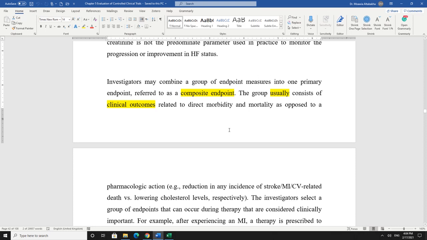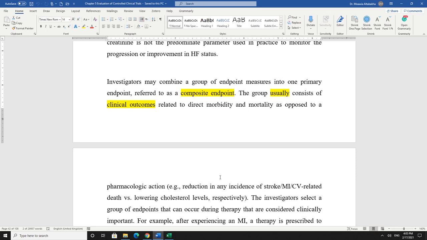Sometimes the investigators think that their primary endpoint is not one thing. They have more than one thing, and here we call it a composite endpoint. Composite means مركب, meaning we have more than one thing as a primary endpoint, and we call it a composite endpoint.